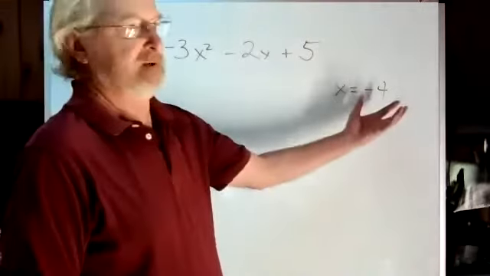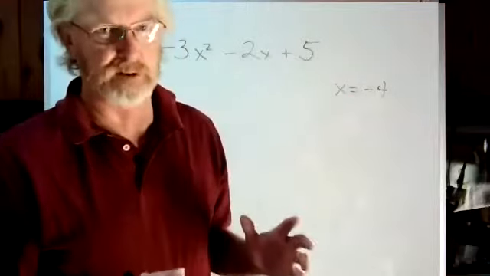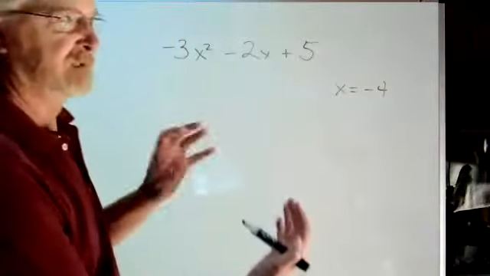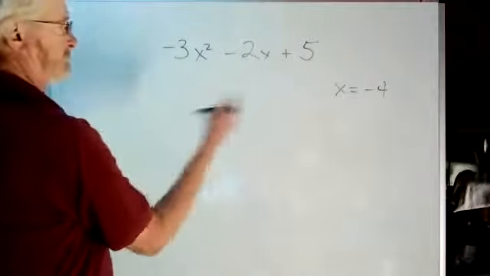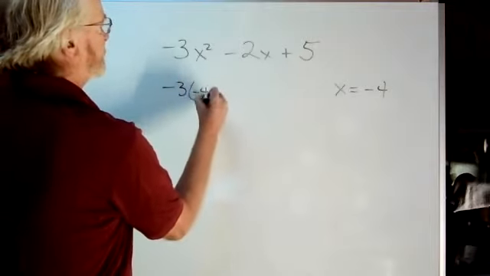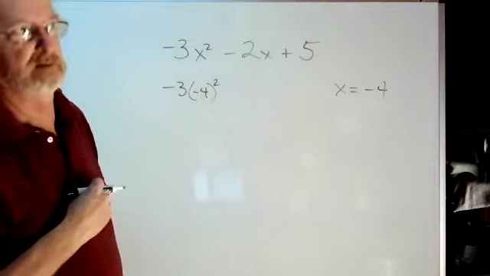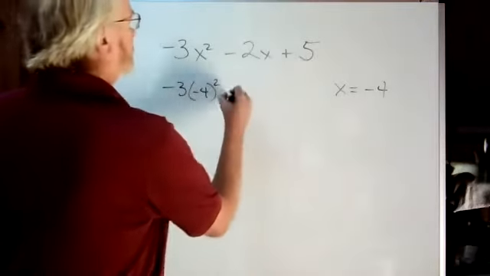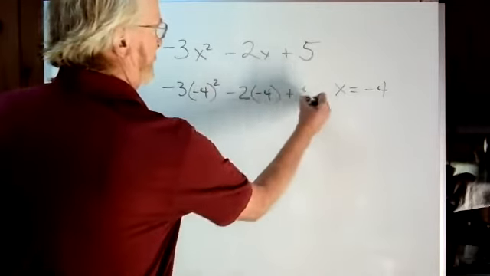Because there's a negative sign, you should think of putting it in parentheses wherever I put it in, so that the negative is enclosed. It's part of x. So, just substituting: there's the -4. The negative is inside, and it's going to be part of what's getting squared. That's important here. -2 times this -4, and then the 5.